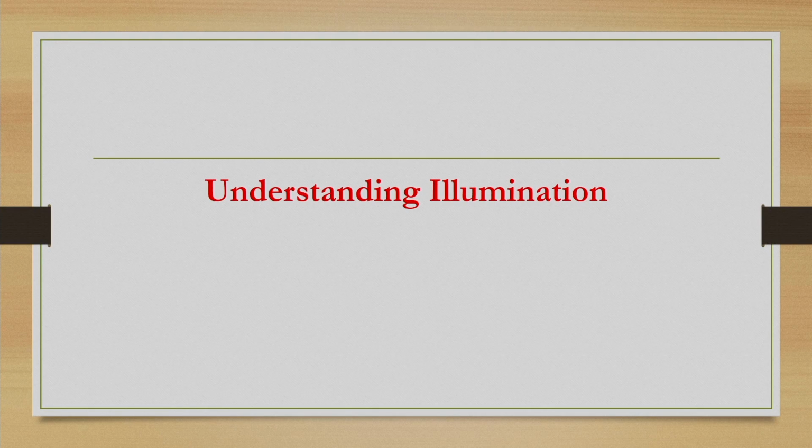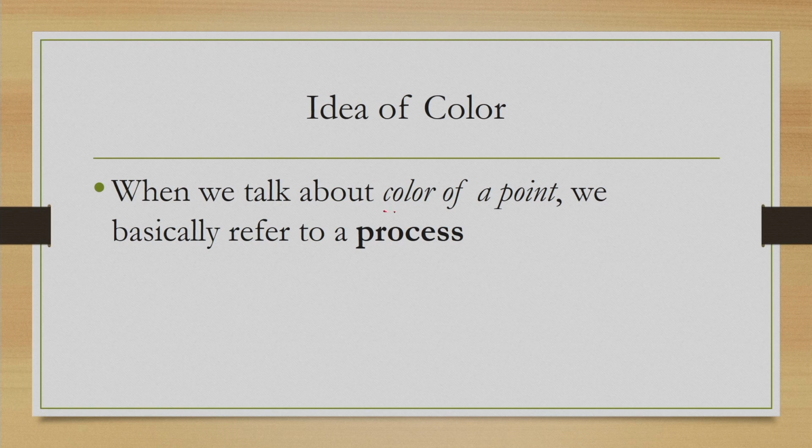Now, let us try to understand the basic idea behind the process of illumination. How do we get to see color? Actually, it is the outcome of a process, the process of illumination.